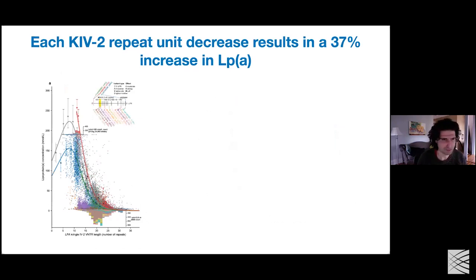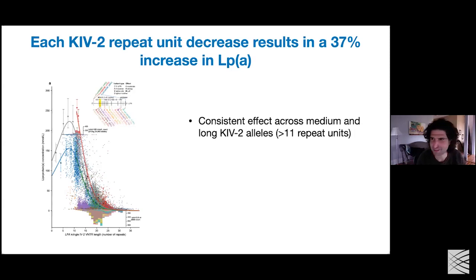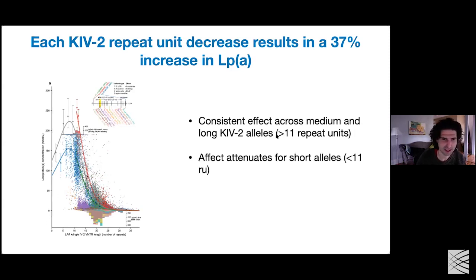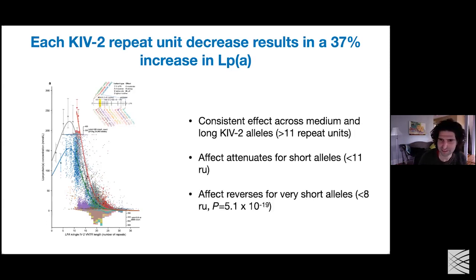Zooming out a bit, I purposely hid part of the plot in that figure. This effect seems consistent across the medium and long KIV2 alleles greater than 11 repeats, and seems to attenuate for alleles shorter than 11 repeat units, and even reverse for very short alleles. Biologically, we're not quite sure what's going on here, but statistically, the signal is very strong.